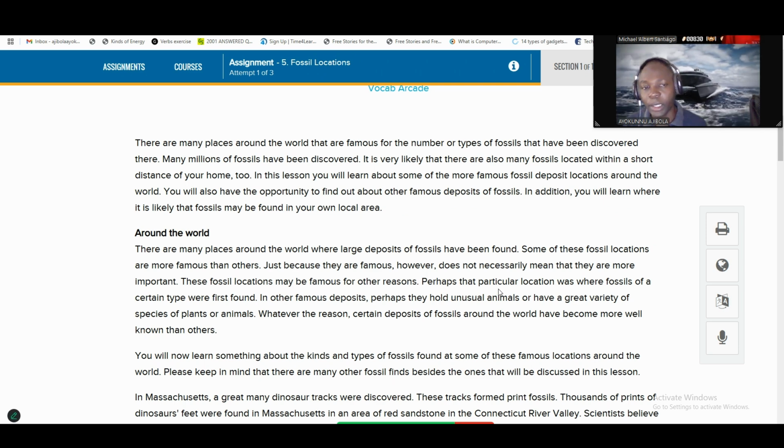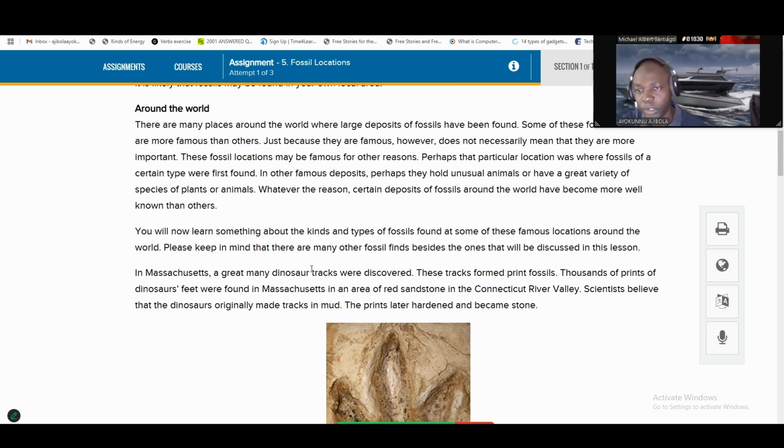Perhaps that particular location was where fossils of a certain type were first found. In other famous deposits, perhaps they hold unusual animals or have a great variety of species of plants or animals. Whatever the reason, certain deposits of fossils around the world have become more well known than other deposits of fossils.